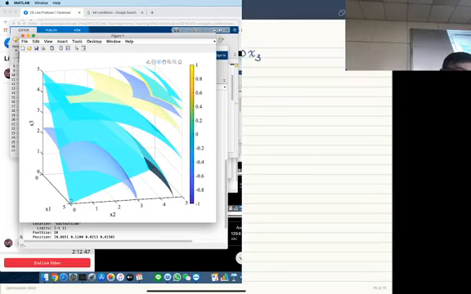So if I say something like this, maybe x1 square, so it's like x2 must be larger than x1 minus 2 square. So what does it look like?